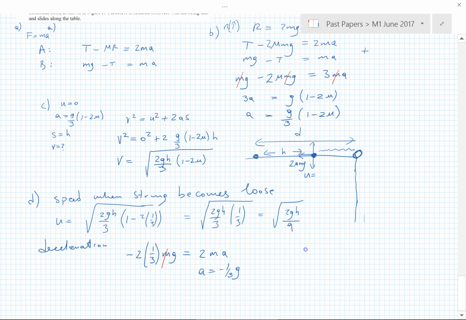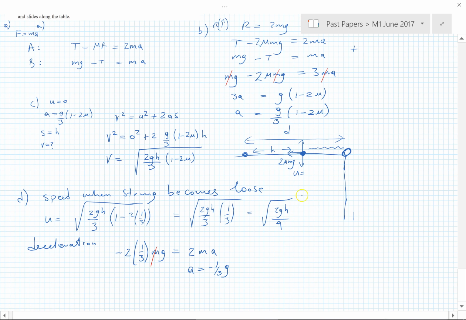So we've got the velocity when it started to decelerate, when the string becomes loose, which is this, and we've got the acceleration. Let's call this extra distance x, that it moves before reaching the pulley. We know that the final velocity is 0 because it comes to rest at the pulley.